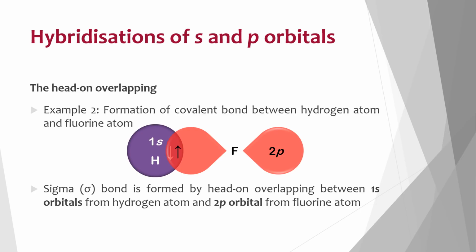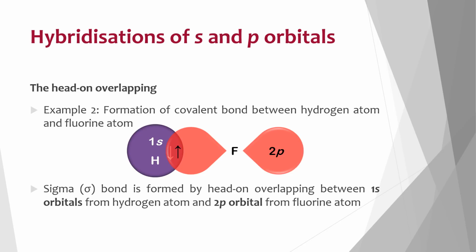The other example for the head-on overlapping of orbitals to form a bond is the formation of covalent bond between hydrogen atom and fluorine atom. The sigma bond is formed by the head-on overlapping between the 1s orbital from the hydrogen atom and the 2p orbital from the fluorine atom.